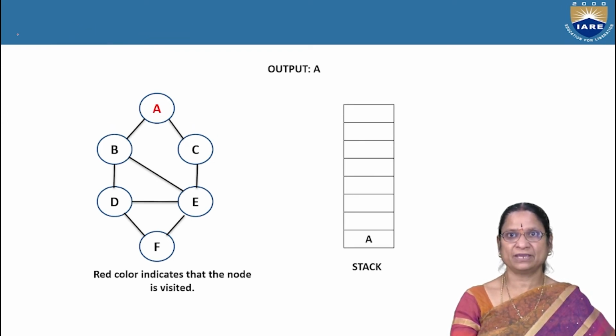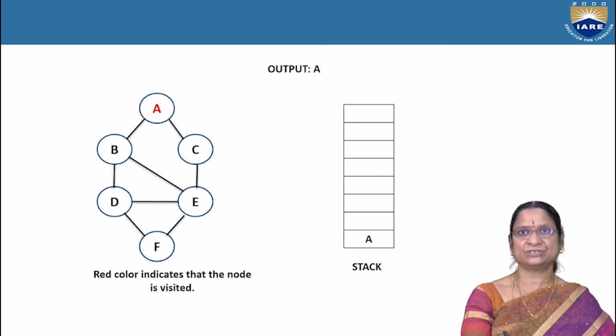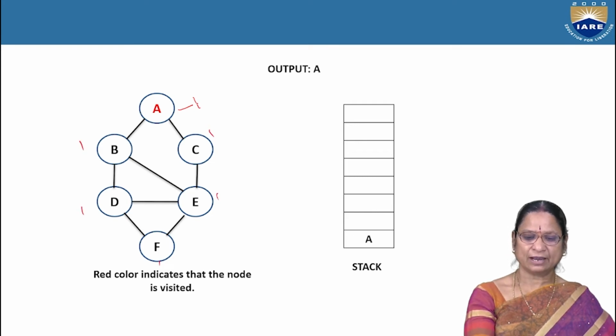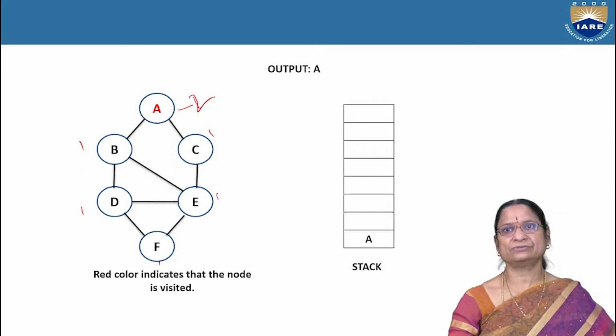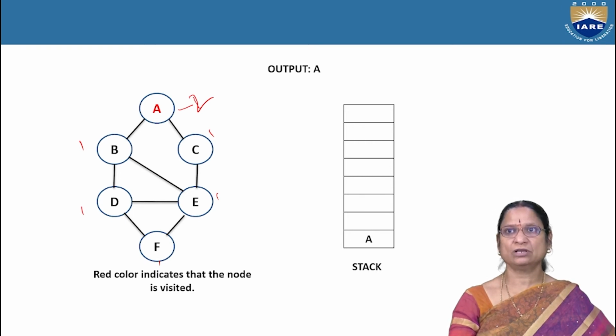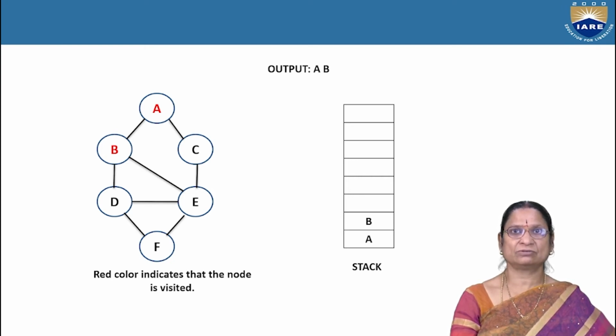We are starting from A, so we change the color of A. Initially all of them have status 1, and when we start we push A into the stack and make it 2. All adjacents of A are considered. We push them into the stack and process also. So the output is A. B is adjacent; it is converted into 2 and pushed into the stack. Output B.